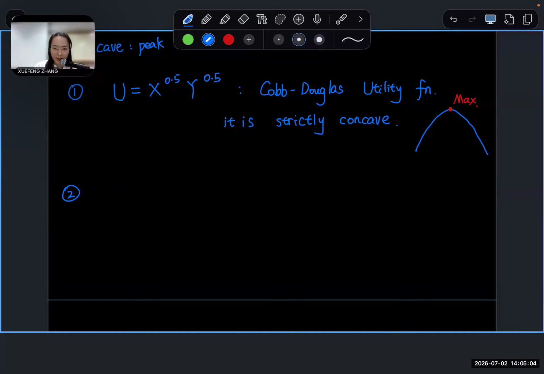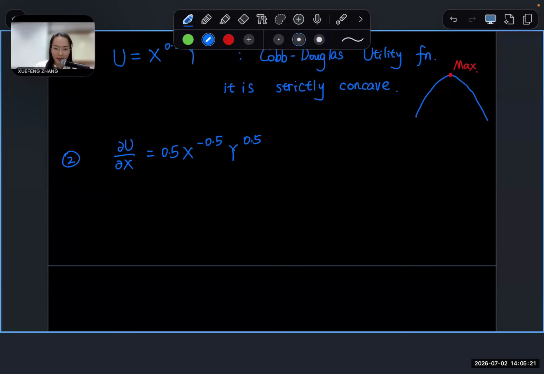Another method is to take the first derivative. We take the first derivative with respect to x: 0.5 x to the power negative half, y to the power half, and then we take the derivative one more time. This is the second order condition.